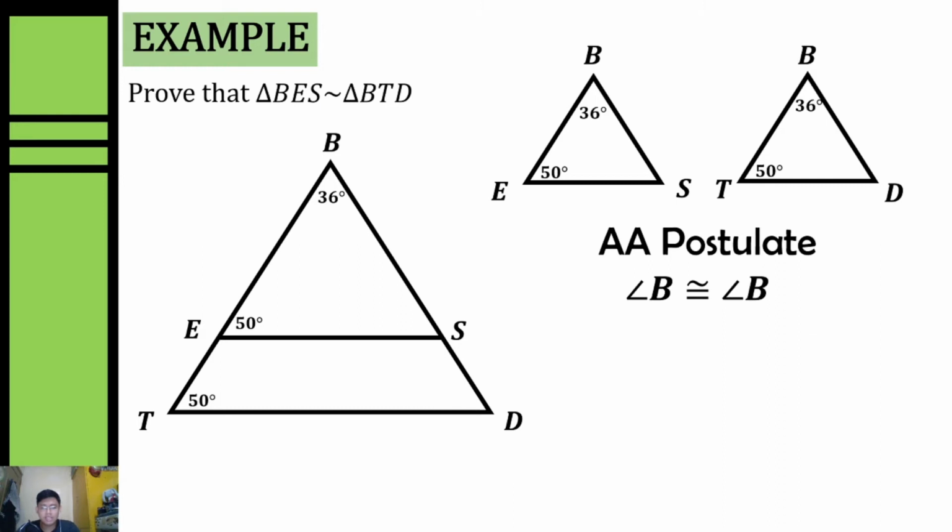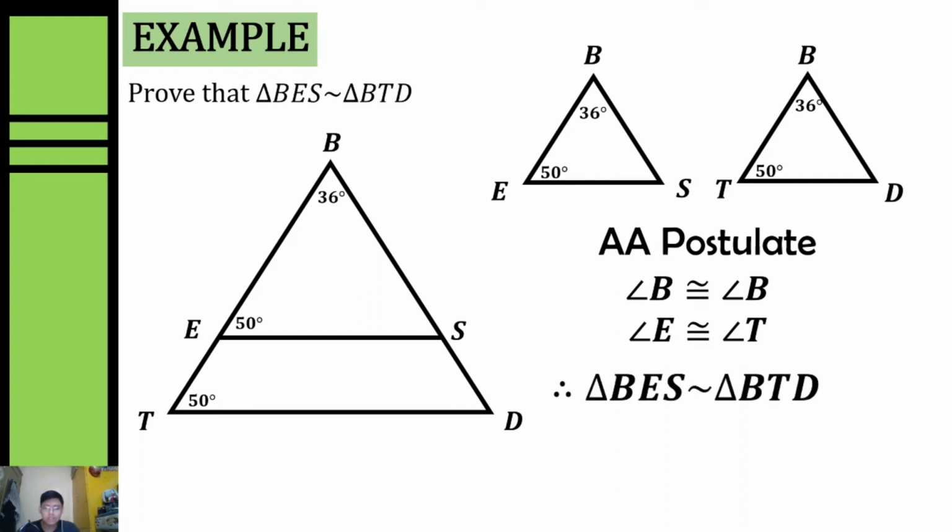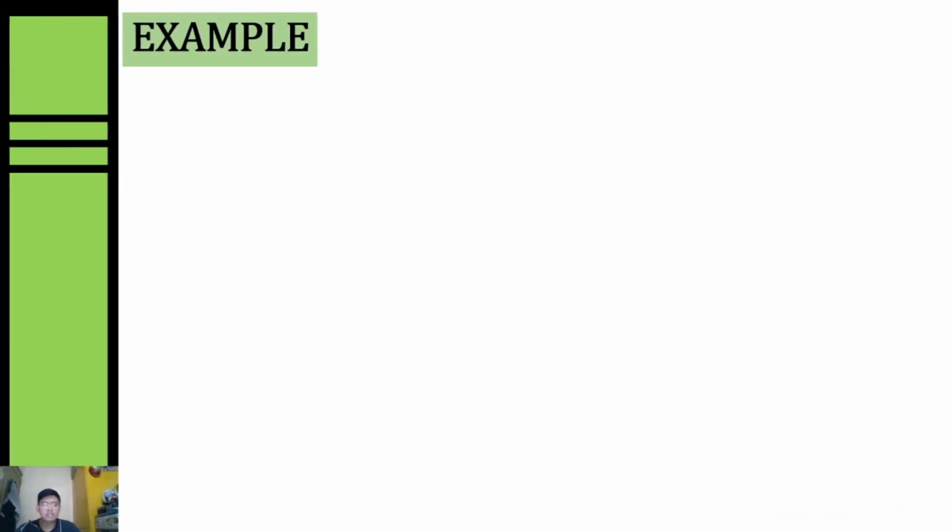Angle B is congruent to angle B, and angle E is congruent to angle T because they have the same measurement. Knowing that two corresponding angles in these two triangles are congruent, we can now conclude that triangle BES is similar to triangle BTD.